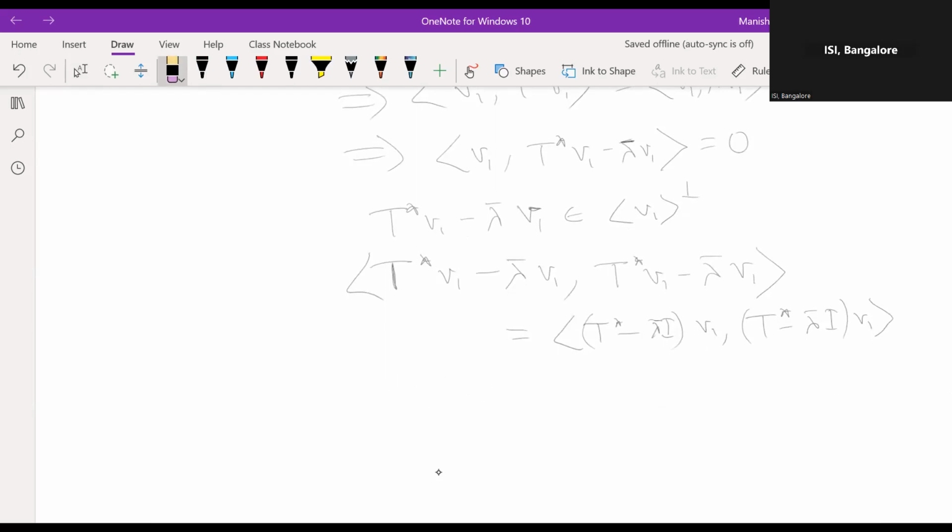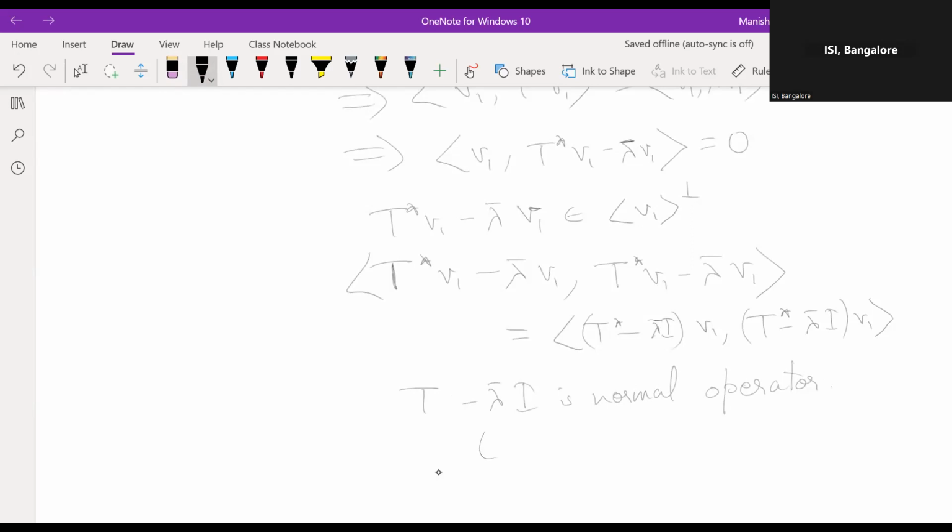So T star minus lambda bar I is normal. Or T minus lambda I is a normal operator, because T is normal. You just do the conjugate and multiply in. Is this okay?